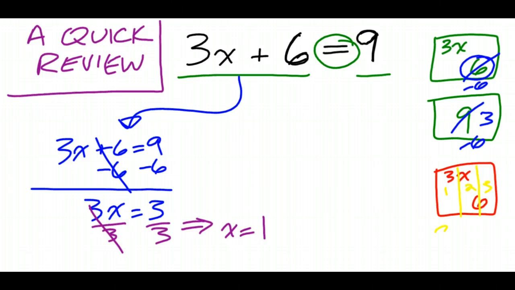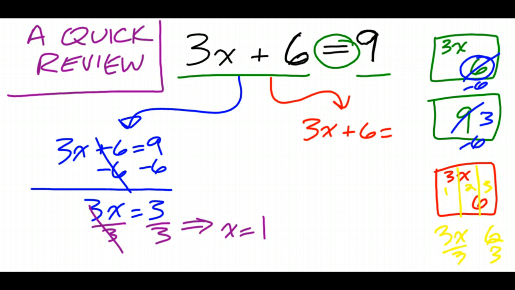That includes not only the 3x, but also the 6. They are both on that side of the equation. They are both in that box. They both need to be split into 3 in order for us to really split 3x plus 6 into 3 equal sets. So if we look at that from the equation standpoint, 3x plus 6 equals 9.